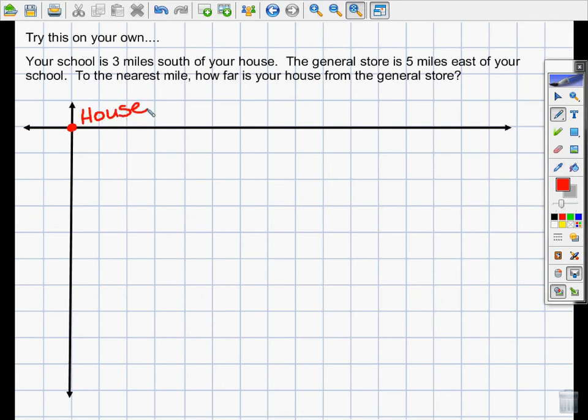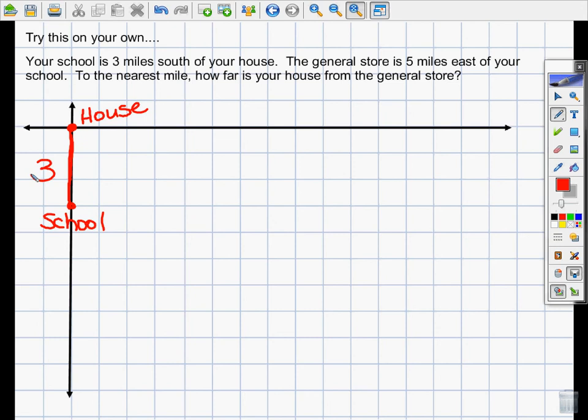Okay. Now, school is 3 miles south. So we go down. 1, 2, here's 3 miles south. So this length right here between our house and the school is 3 miles. Okay? Now the second sentence says the general store is 5 miles east of your school.